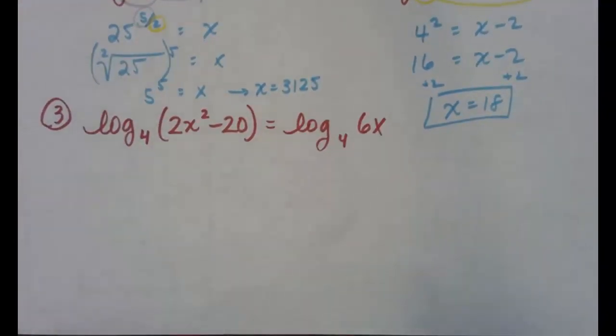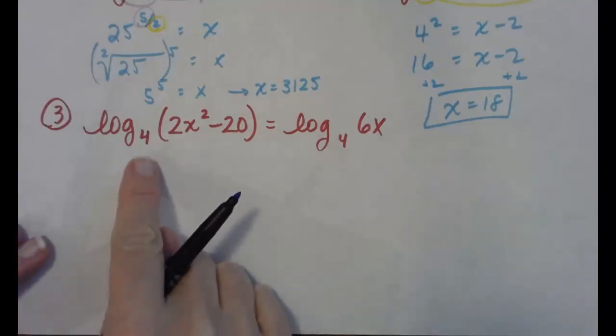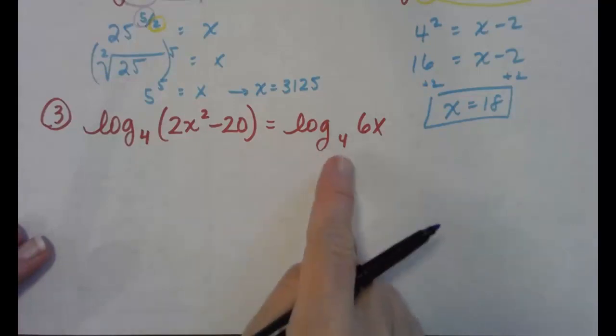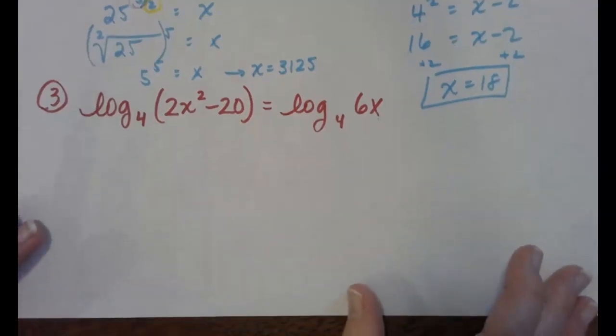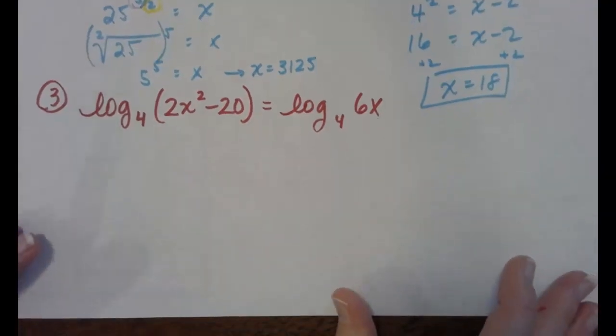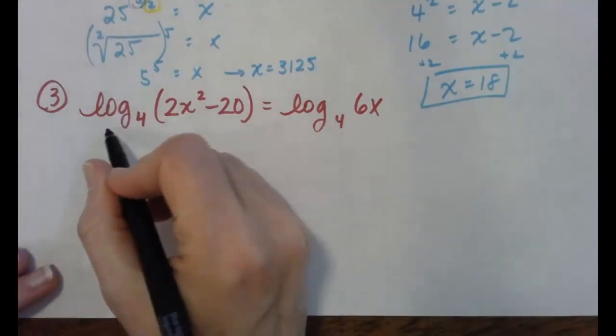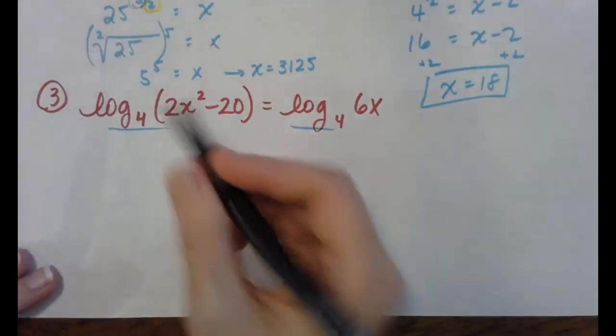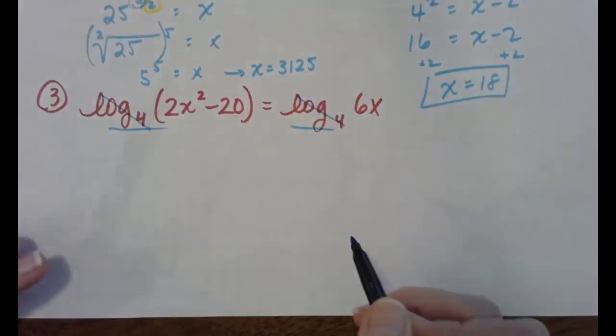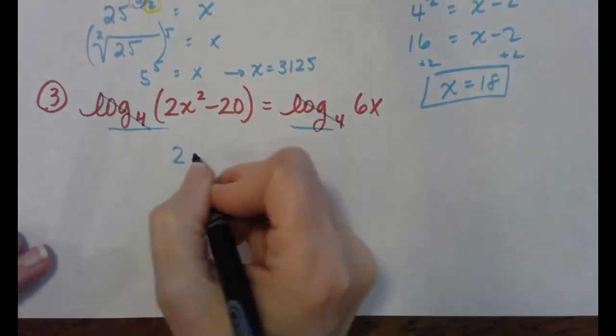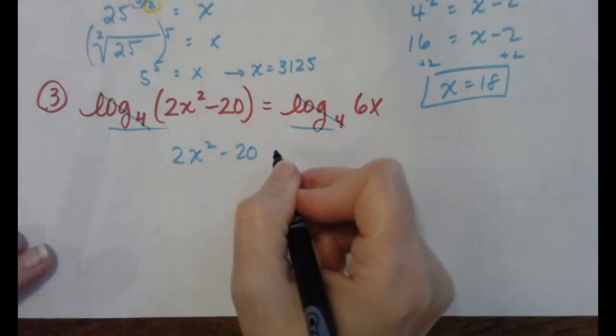Lastly, number 3 is a good example of the 1-to-1 property in action. We have 1 log base 4 set equal to 1 log base 4. And when two logarithms are set equal to each other, exactly 1 on each side, we can simply cancel the logs and set the arguments equal to each other.